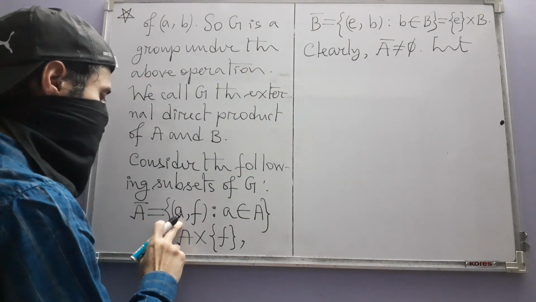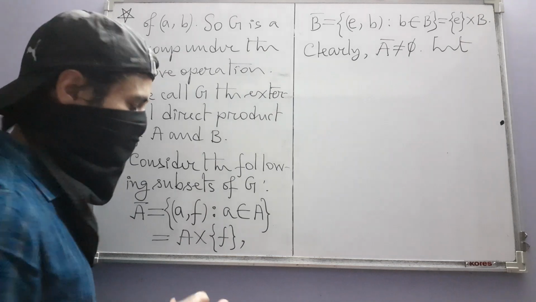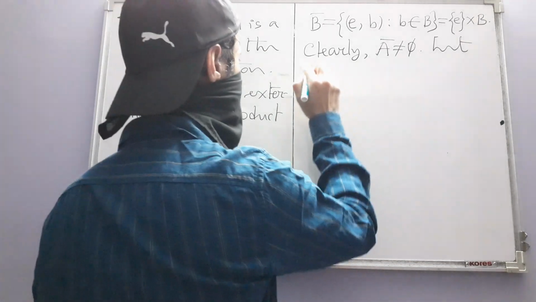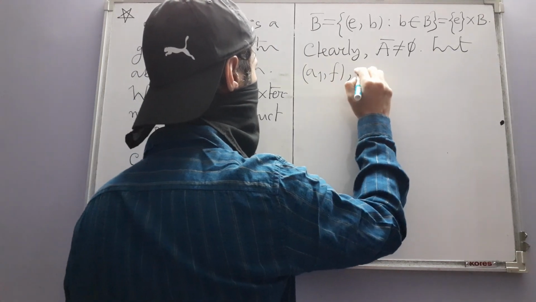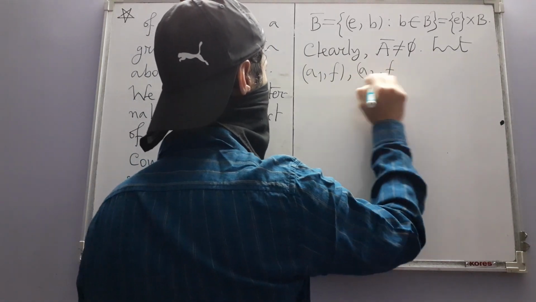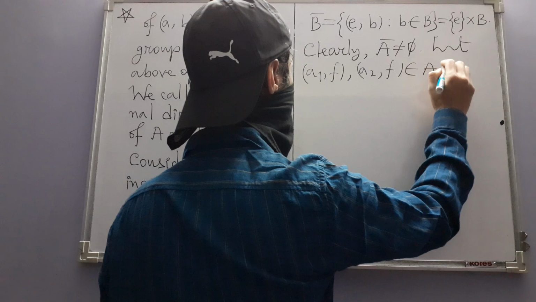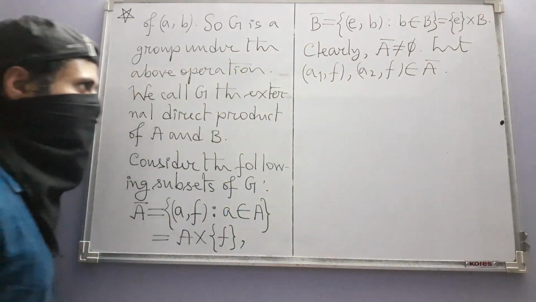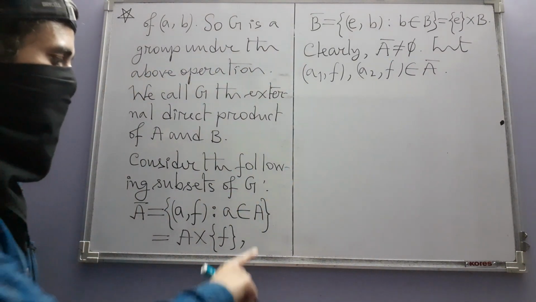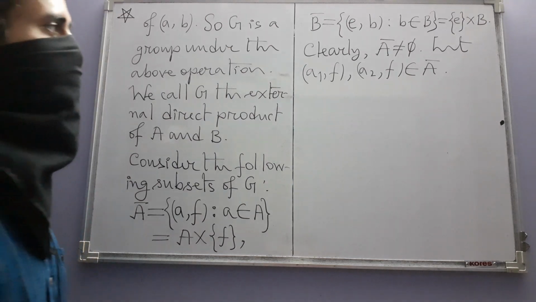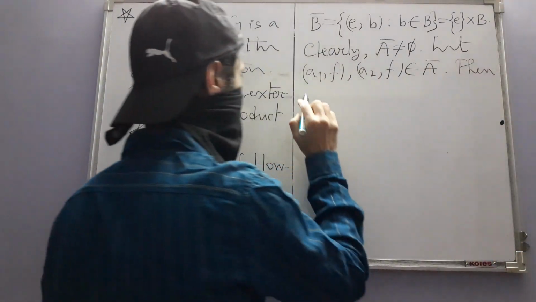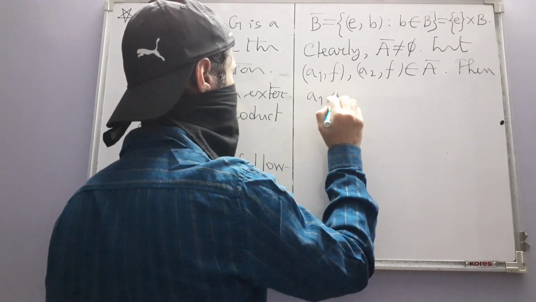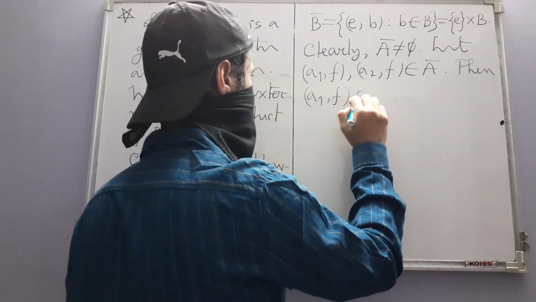Okay, so that means we have to now consider two elements and verify all the usual things. Let (A1, F) and (A2, F) belong to A bar. This means that A1 and A2 are elements of capital A. Then first we see what their product is.